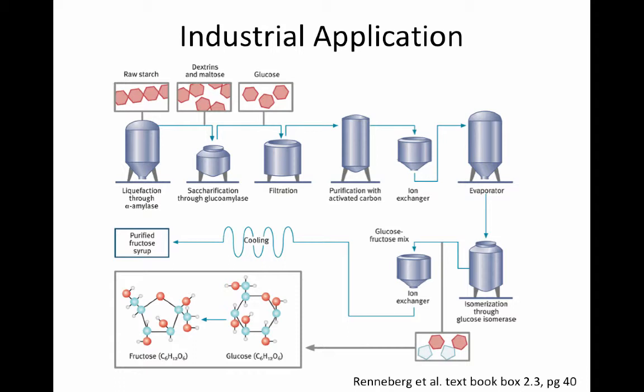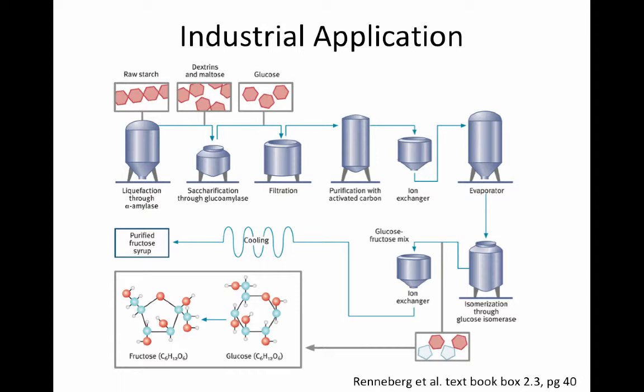This isomerase converts the glucose into fructose. Again, an isomerase converts one form of a molecule into another. So it has the same number of carbons and oxygens and hydrogens, but now it's fructose, which is the desired form of sugar for this purified fructose syrup. After that conversion, we go through some final cooling steps and have our purified fructose corn syrup.